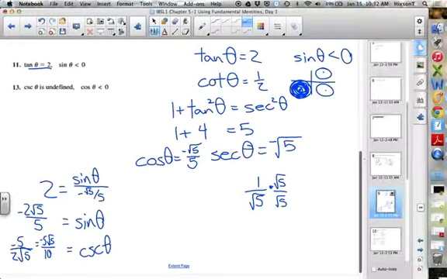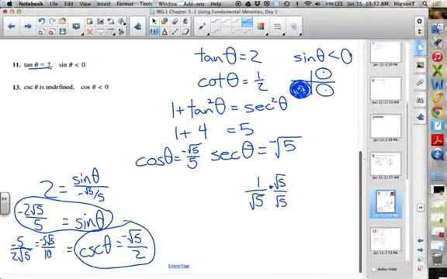So that simplifies down to negative root 5 over 2. Okay? I know we don't have our answers organized real well here, but there's sine, here's cosecant, here's cosine and secant.